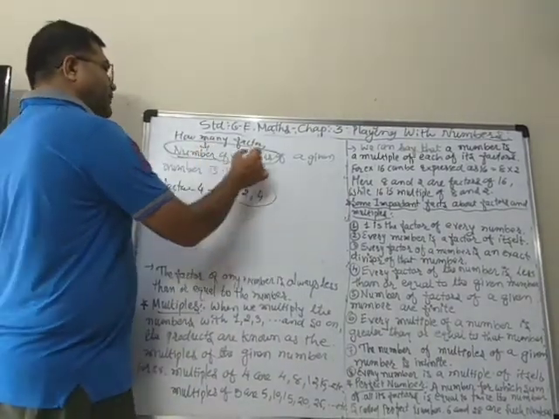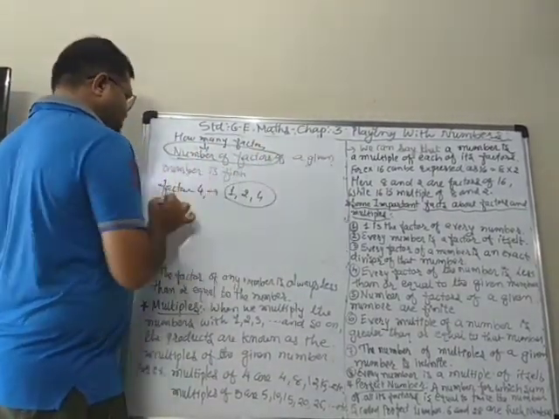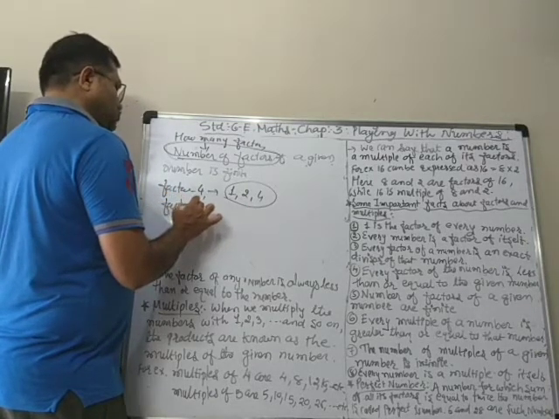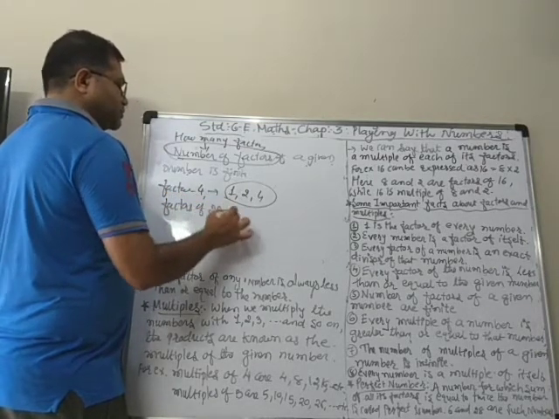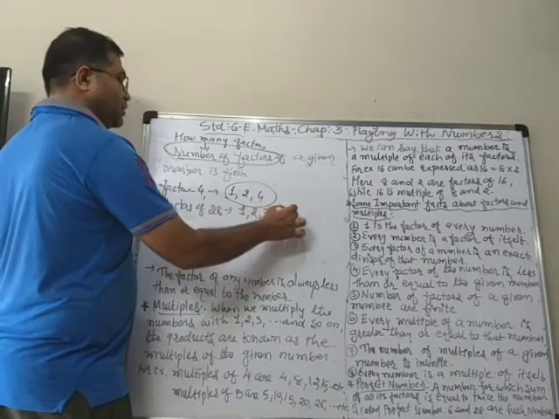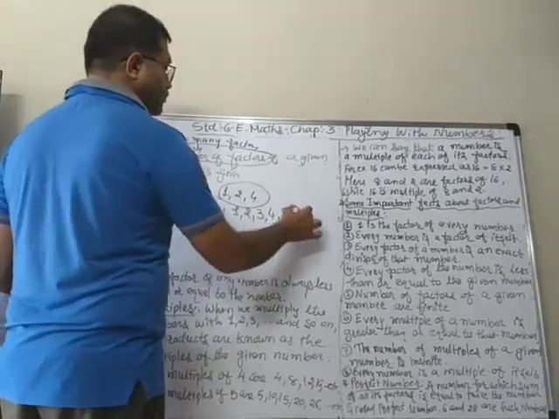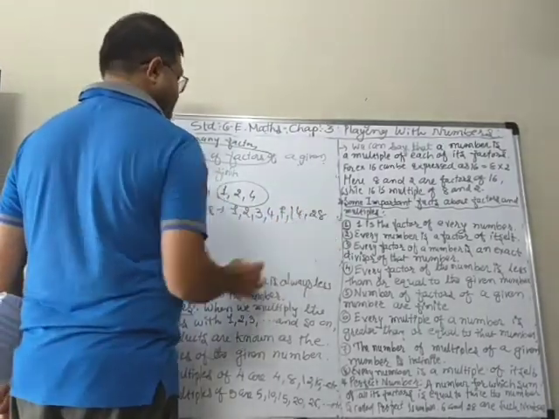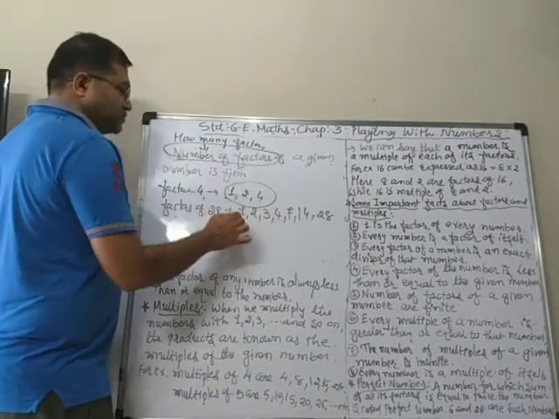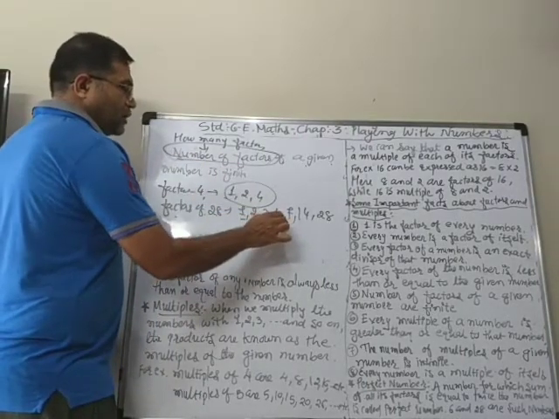So the number of factors of a given number is finite. Similarly, if you take the factors of 28, we just counted: 1, 2, 4, 7, 14 and 28. So how many factors does 28 have? The number of factors here is 1, 2, 3, 4, 5, 6.